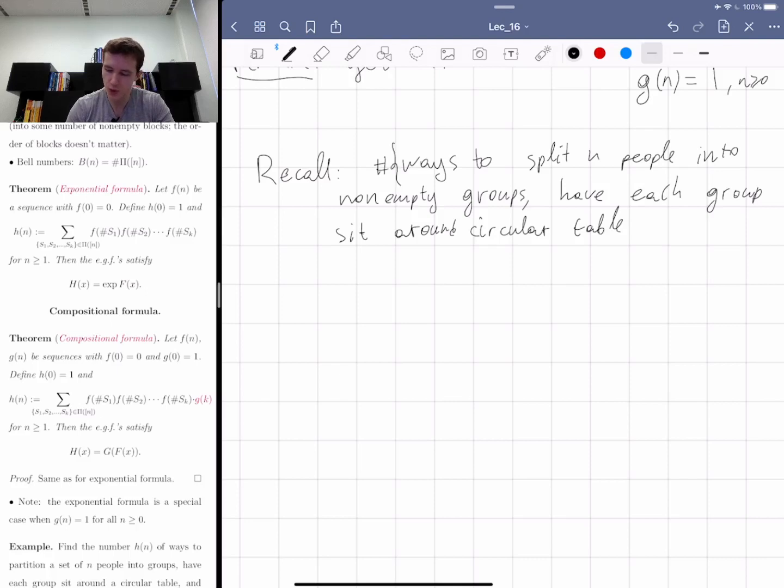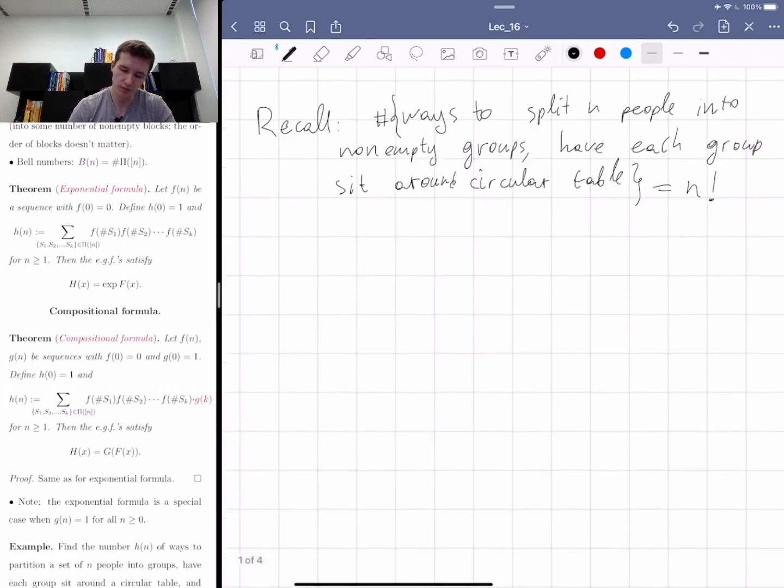So the number of such ways was given by, surprisingly, n factorial, using the exponential formula for the generating function.